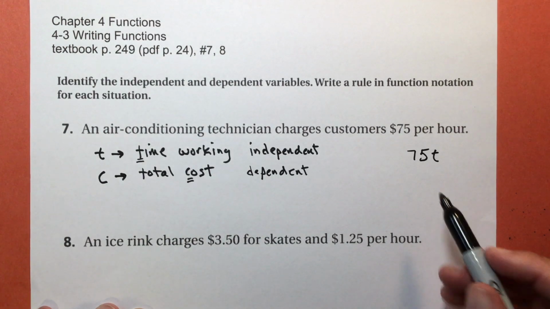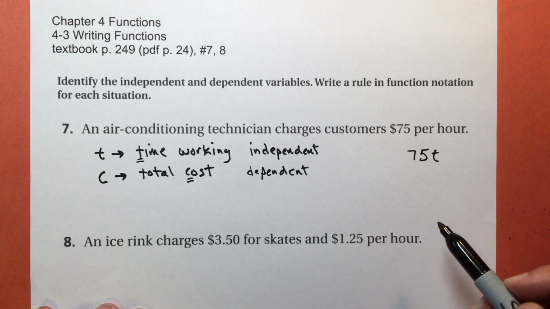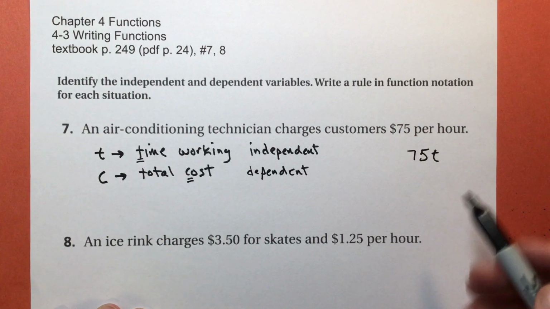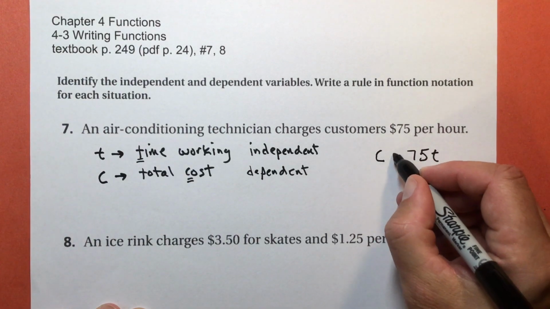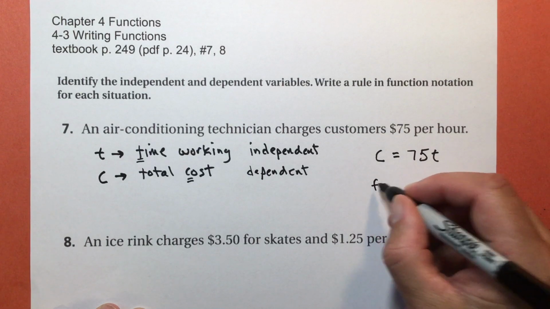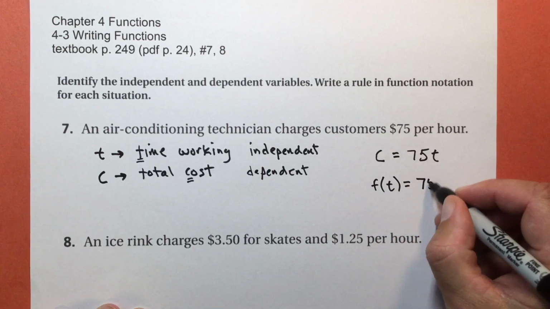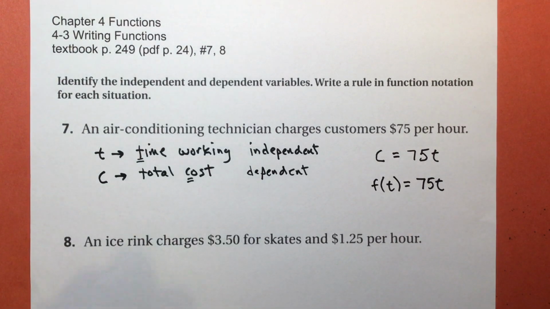And remember, I write that without an x and without a dot and without parentheses. I'll use parentheses if I evaluate later. All right? And that's going to give me the total cost. Now, you could also write this as a function. Function notation looks like this. f of t would be 75t, in which case, f would just be the name of the function.